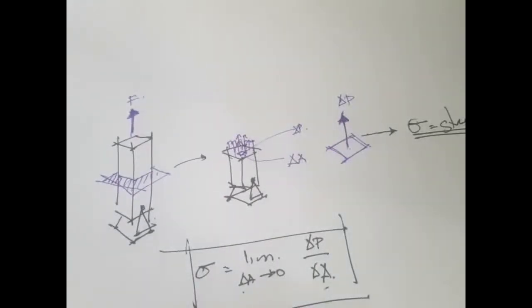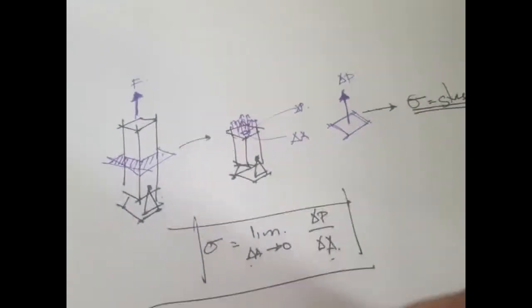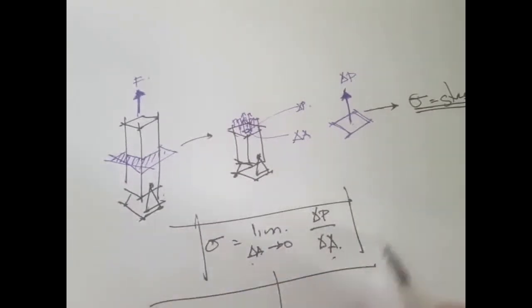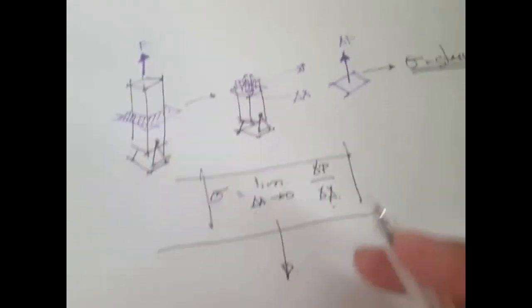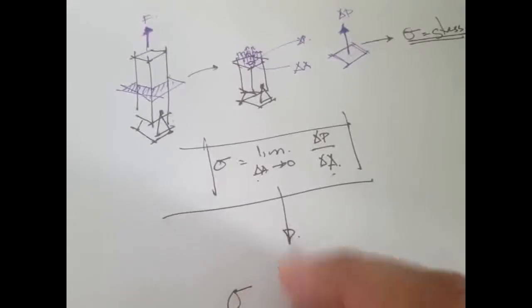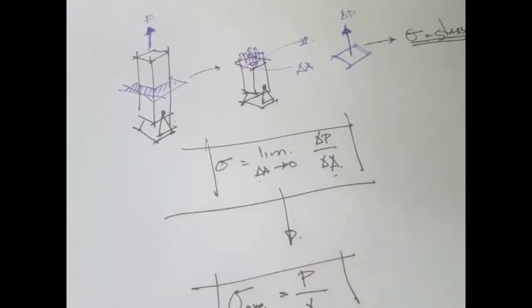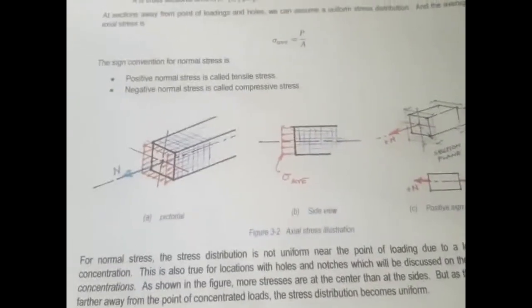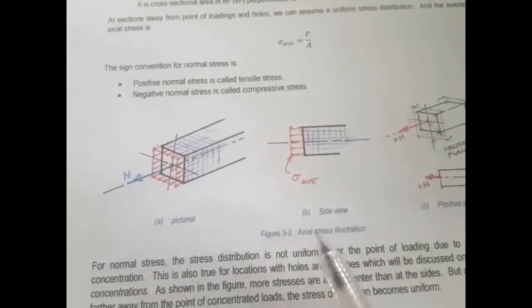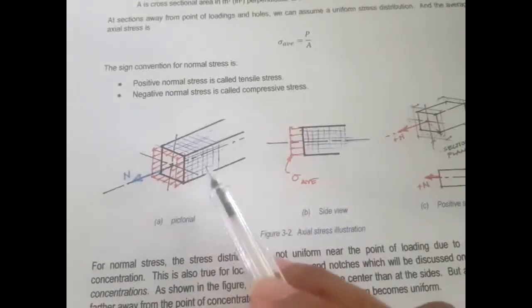However, it is also common to work in terms of average. Instead of going through these derivatives, it's common to just work with average stresses. So it's simply P all over A. Right here in our lecture handouts, here's an illustration for the axial stress.